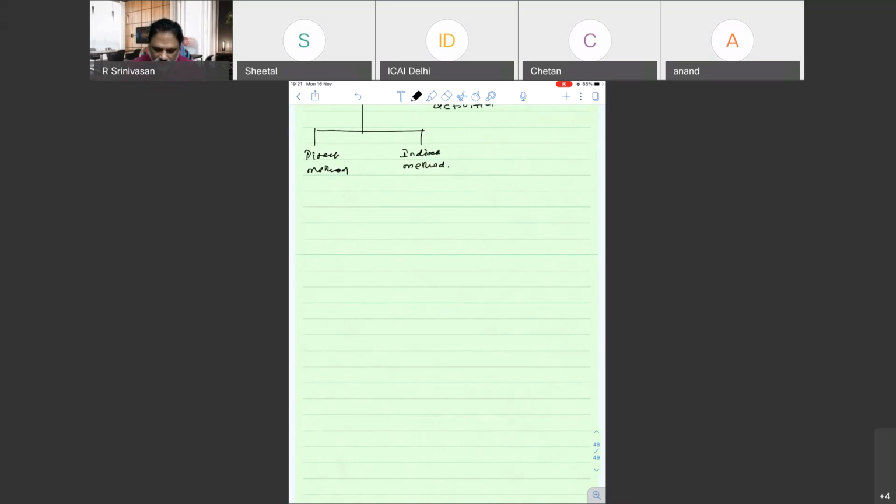Okay, right. See, suppose, let's say, I'm a student, and I'm going for my training also. In the training, I'm getting a stipend of 10,000 rupees per month.